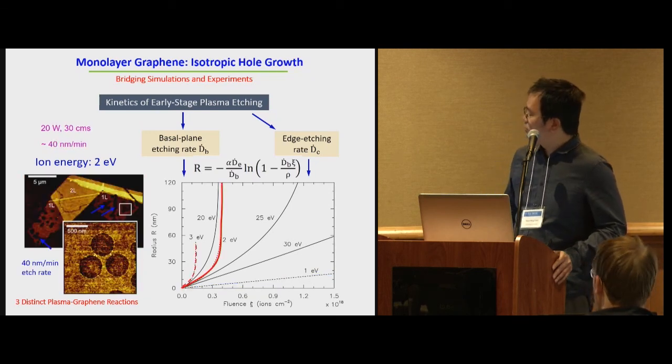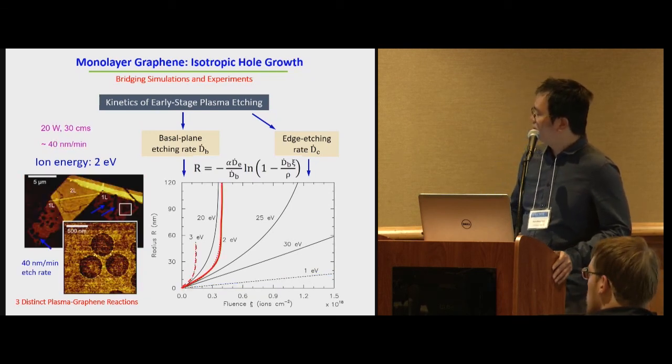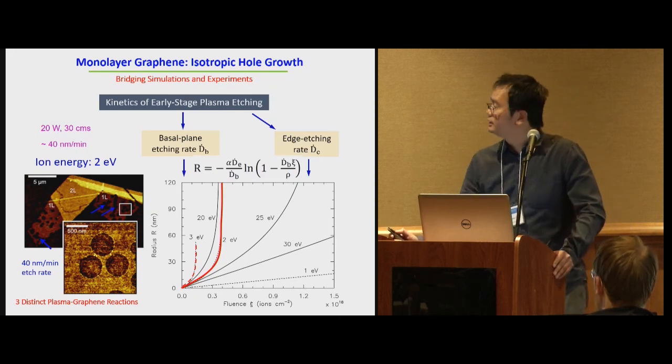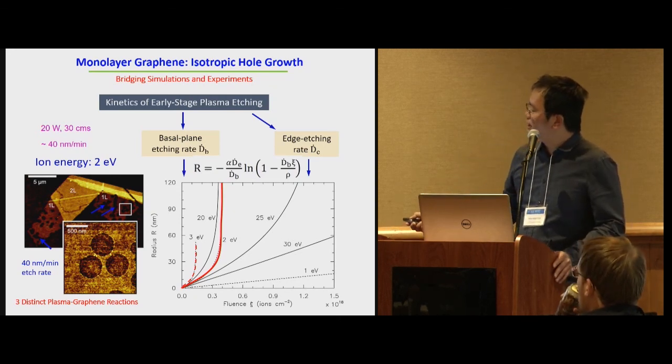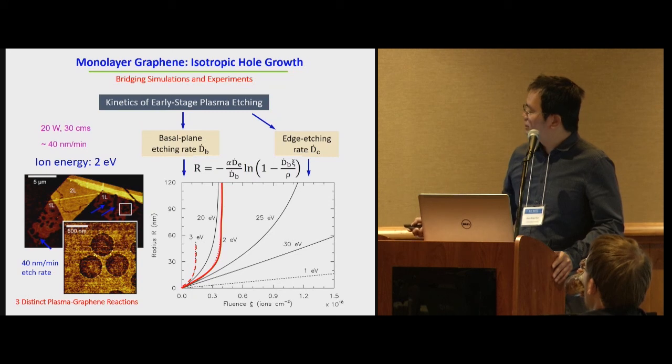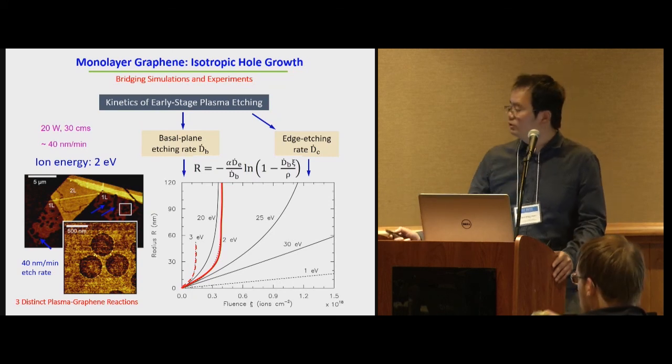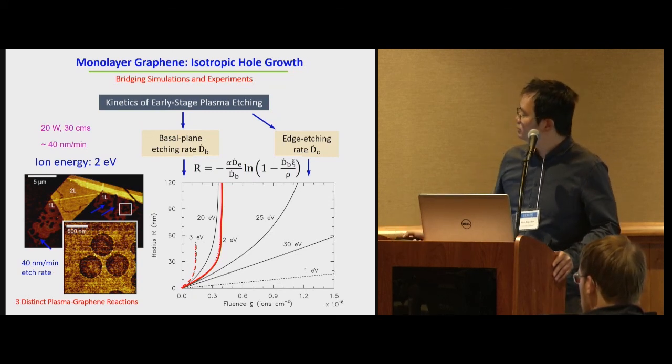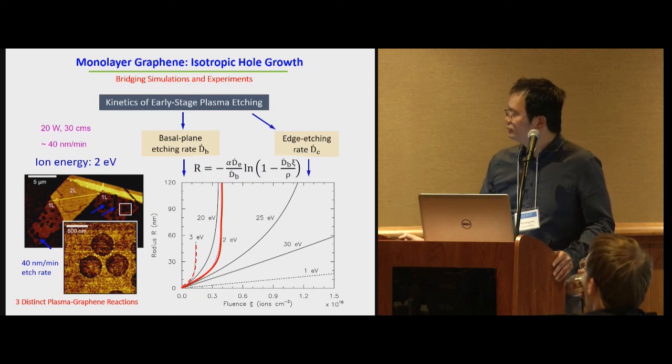If we go up to higher ion energies of, let's say, 2 to 3 electron volts, now we get isotropic edge etching, resulting in the formation of circular holes. And the etching rate is also notably extremely fast, right? You can see this exponential increase over here.